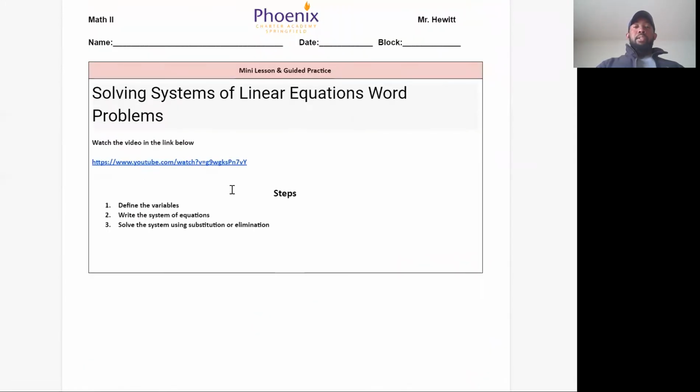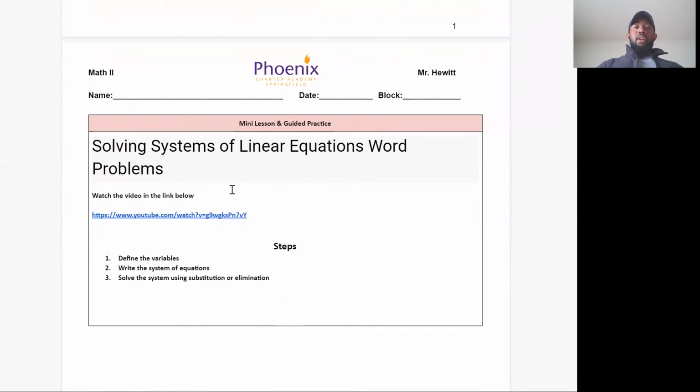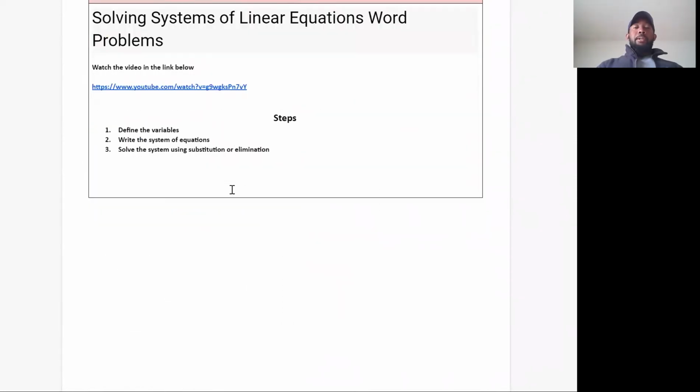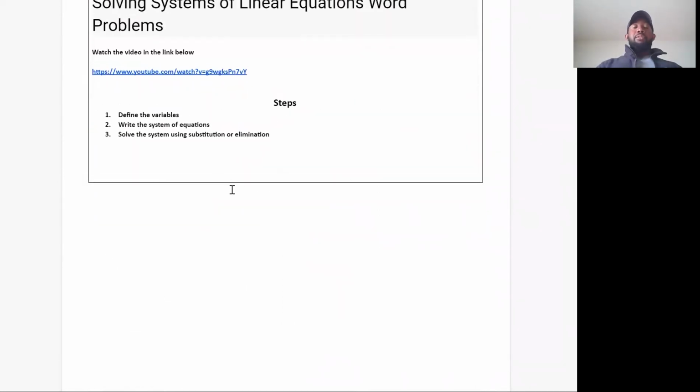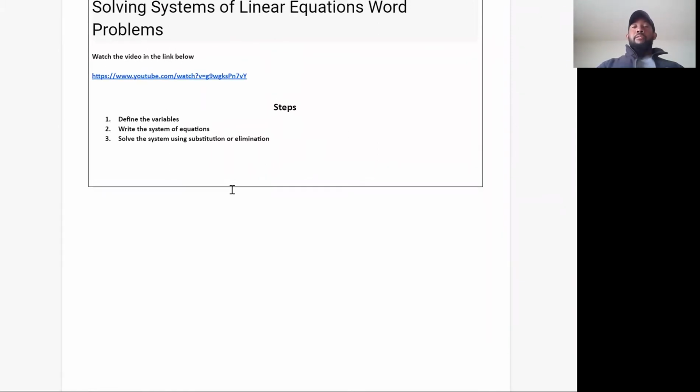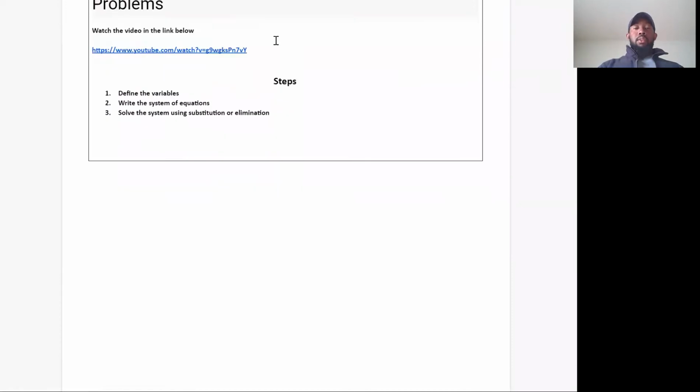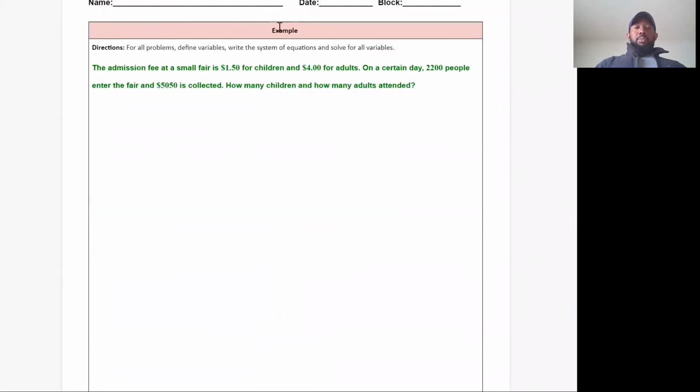All right. So I'm going to stop sharing my screen with you right now. But quickly, the first thing you want to do with a problem like this is to define your variables. So if you look at this problem, the question first of all asks, how many children and how many adults attended?